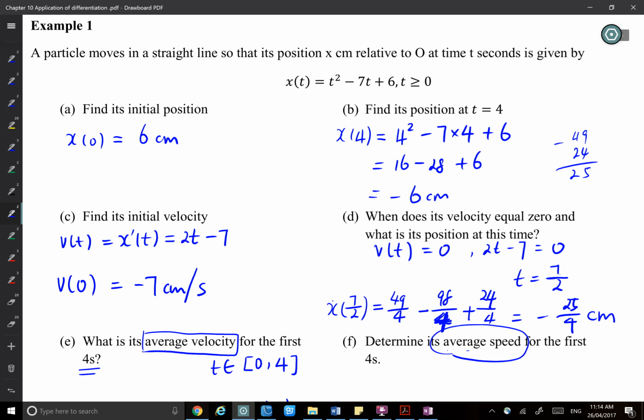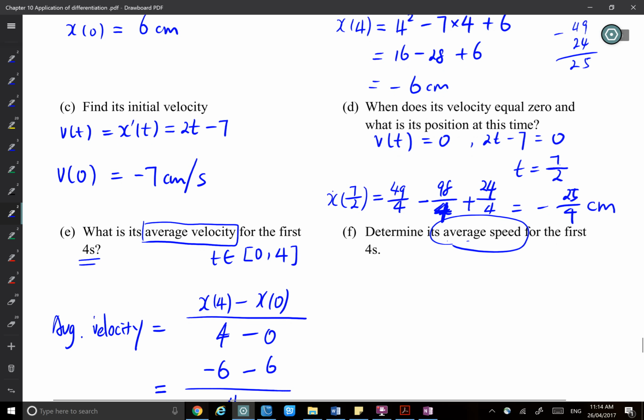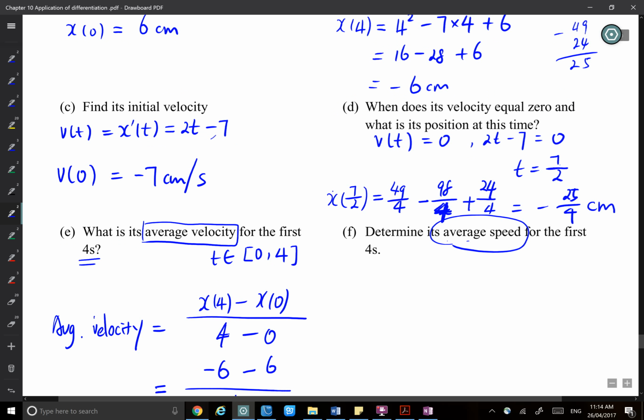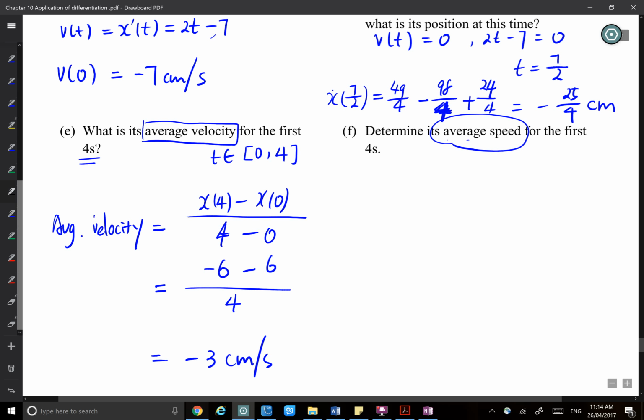Okay, let's sketch the vt graph first. You know the velocity is 2t minus 7. Let's sketch the vt graph.